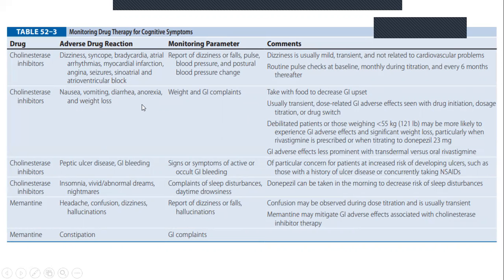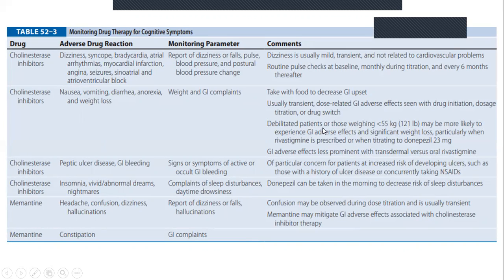And nausea, vomiting, diarrhea, anorexia, and weight loss are the other side effects. Weight and GI complaints we have to check. In order to prevent GI upset, we have to take the medications along with food. And weight we have to consider.